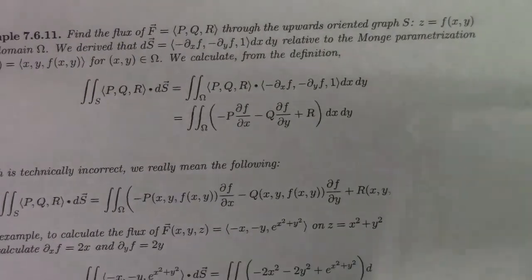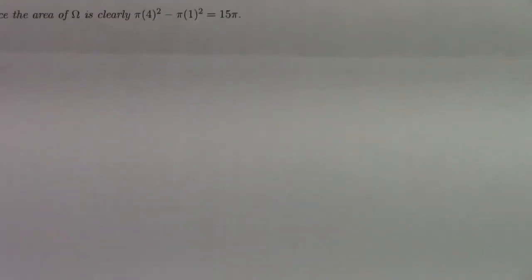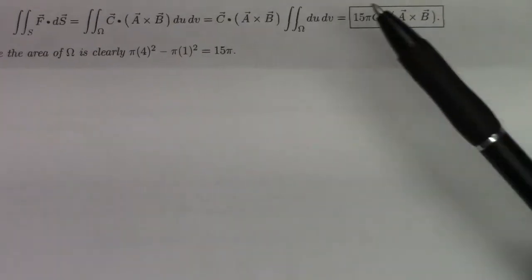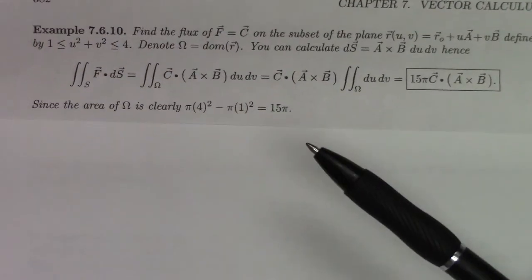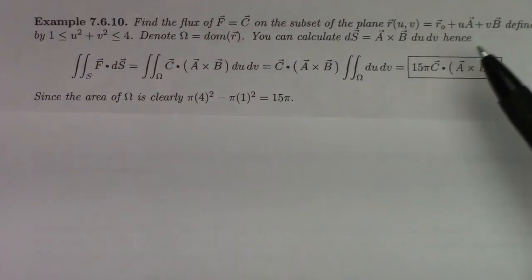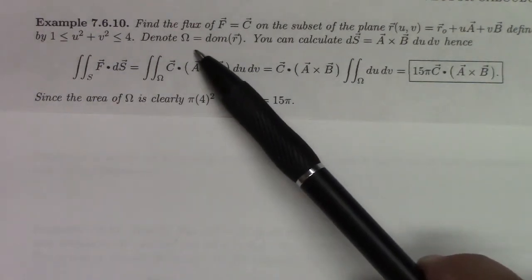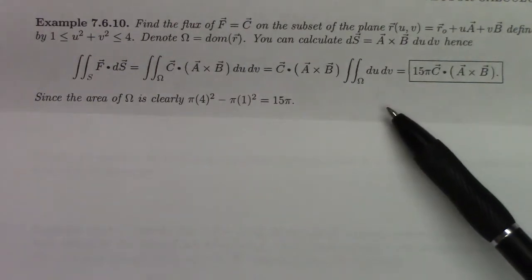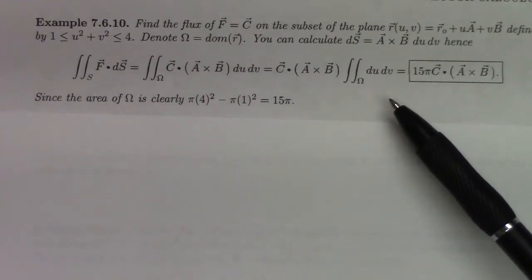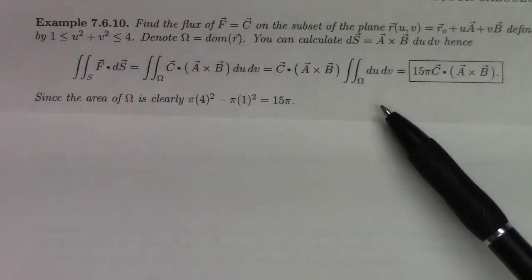And here I calculate the flux of a constant vector over a part of the plane parameterized by parameterization domain omega. Let's see here.